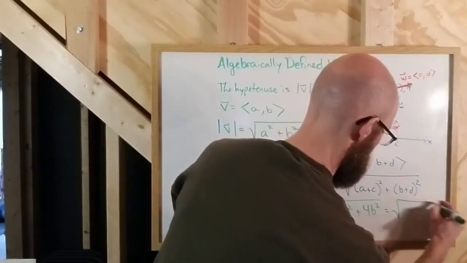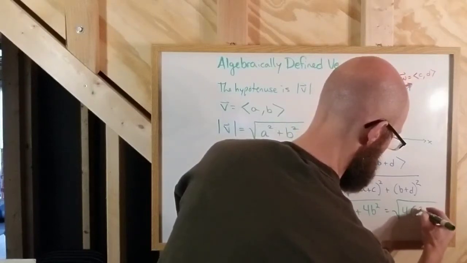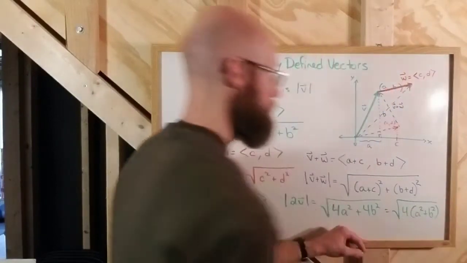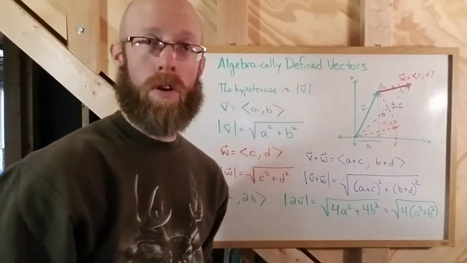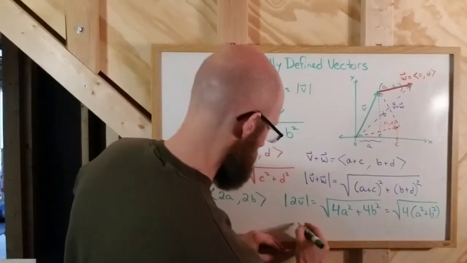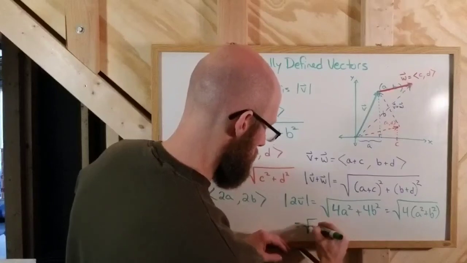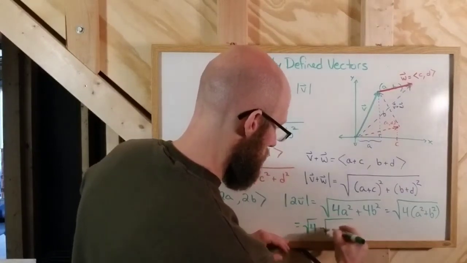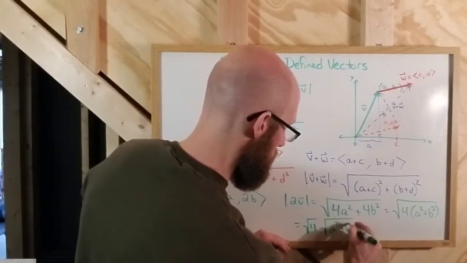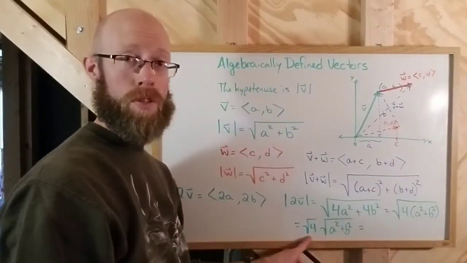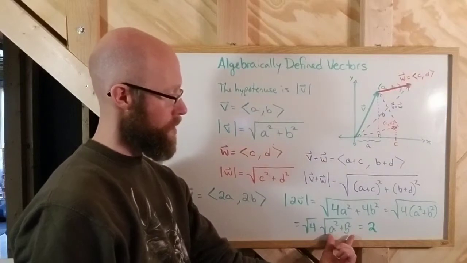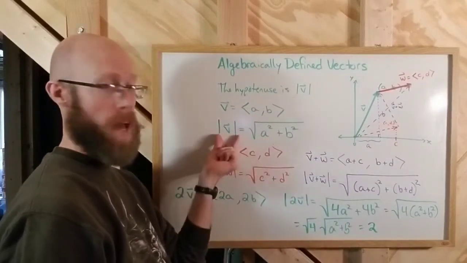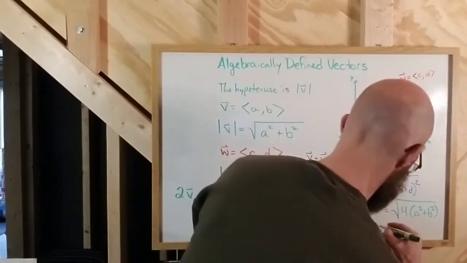So you could call that the square root of 4 times a squared plus b squared. And if you take the square root of each of those separately, which you can do with multiplication, you would end up with the square root of 4 times the square root of a squared plus b squared. The square root of 4 is simply 2. And the square root of a squared plus b squared is the original magnitude of v.